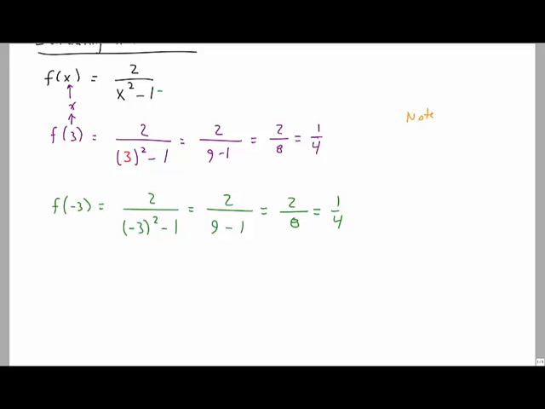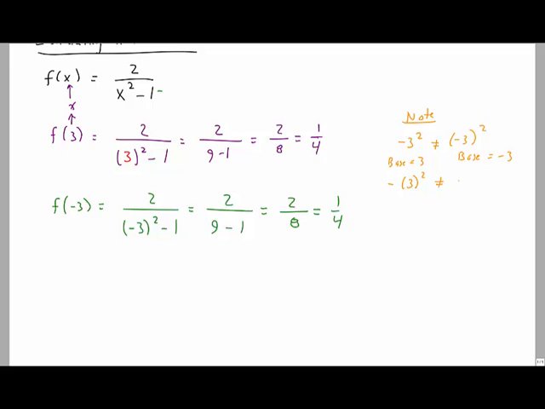Now I want to take a quick note over here. This is a very important idea. Negative 3 squared does not equal negative 3 quantity squared. On the left hand side, the base is just a 3, and then I square the base and then I negate it. So this one would be a negative, and then I would take 3 squared.